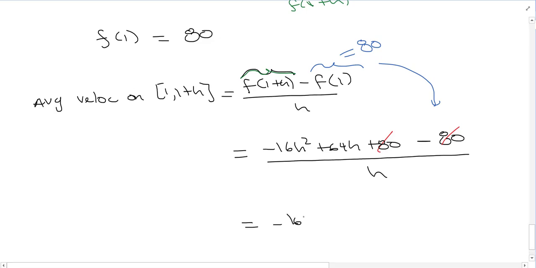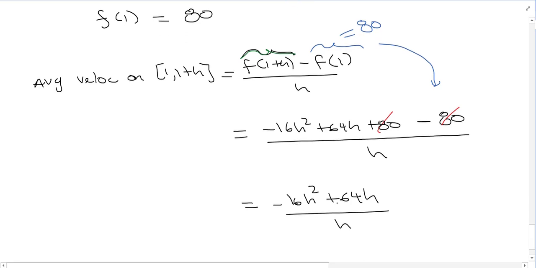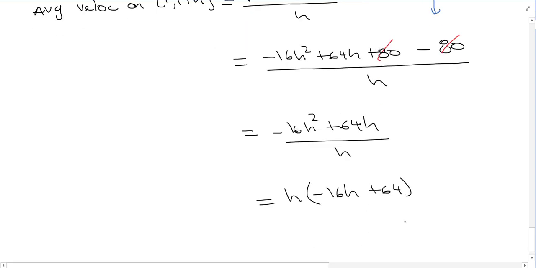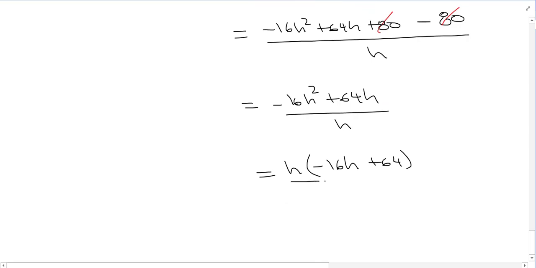So this should look familiar from the process of simplifying the difference quotient, right? Everything that's left in the numerator usually has an h, and then we can factor out that h. So I can take out an h and say h times (minus 16h plus 64). Remember, the goal with simplifying the difference quotient is that we get rid of the h on the bottom.